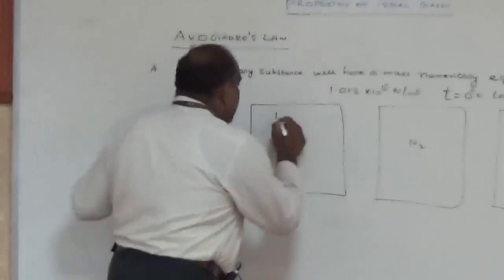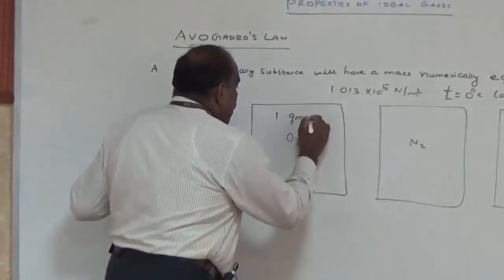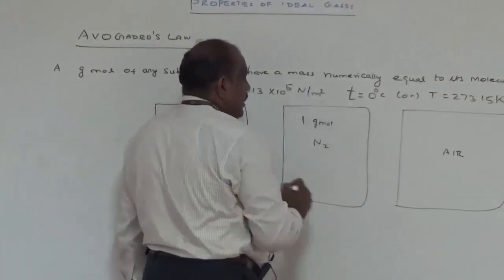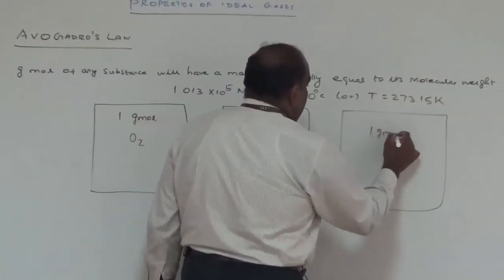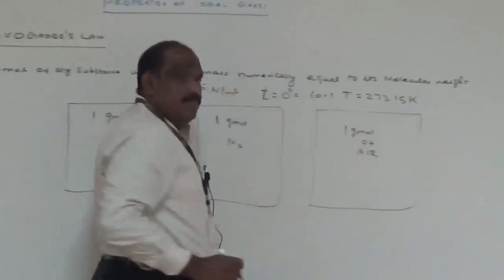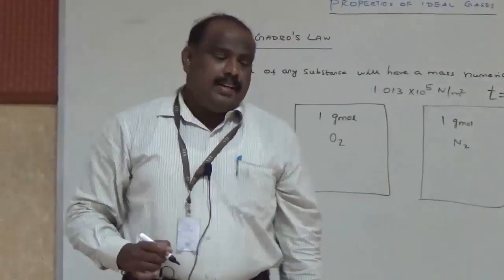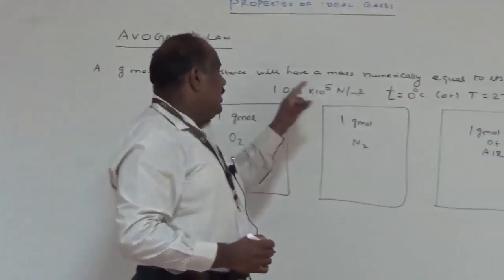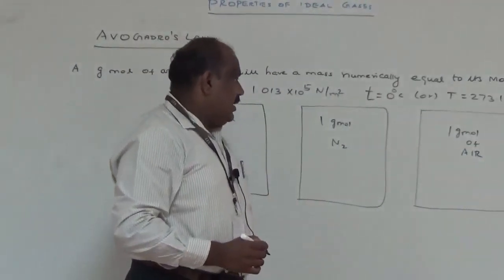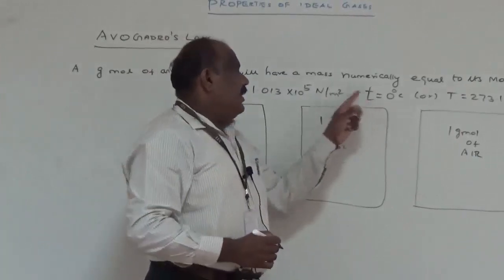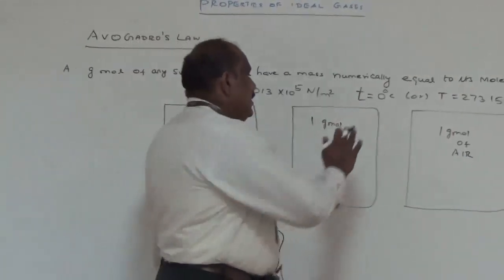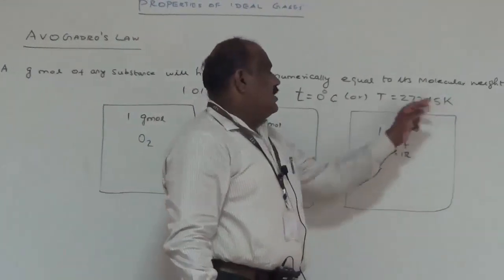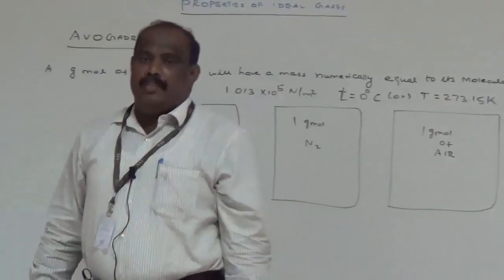I am going to take only 1 gram mole of oxygen, similarly 1 gram mole of nitrogen, and 1 gram mole of air, at a condition of 1 atmospheric pressure, which is nothing but 1.013 into 10 power 5 Newton per meter square or Pascal, and the temperature is 0 degrees Celsius. The C should be capital because it is the name of the scientist. And the temperature on the Kelvin scale is 273.15 Kelvin.